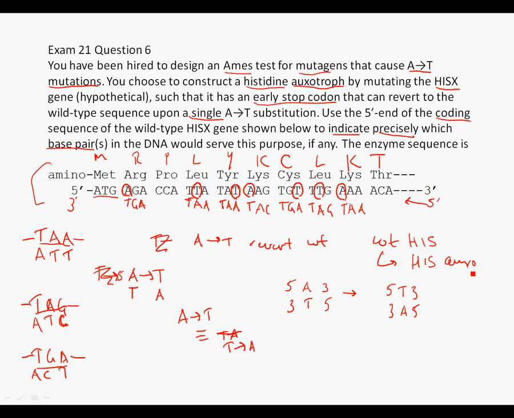After this compound has perhaps been incubated with liver enzymes, we plate it on minimal media and on His media. In His media we can see the total number of bacteria that we have, and by plating on minimal media, we compare minimal media to His supplemented media and see what the fraction or percent viability is, the percent reversion.